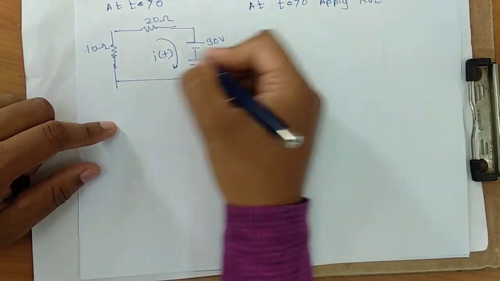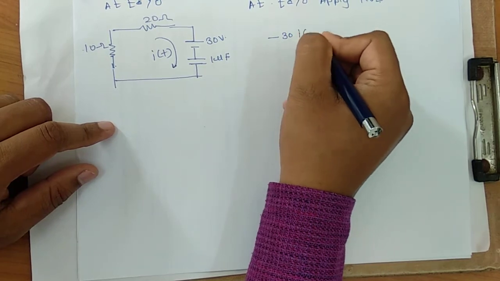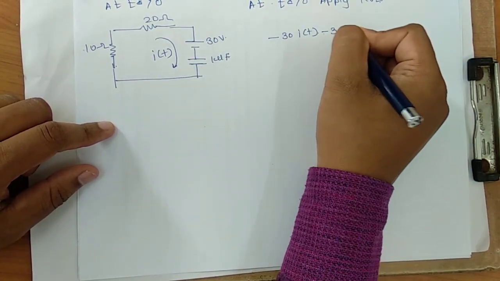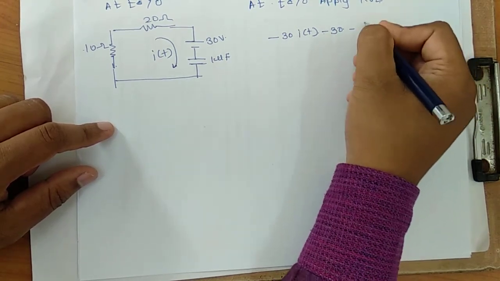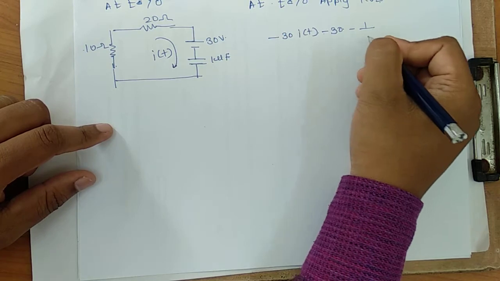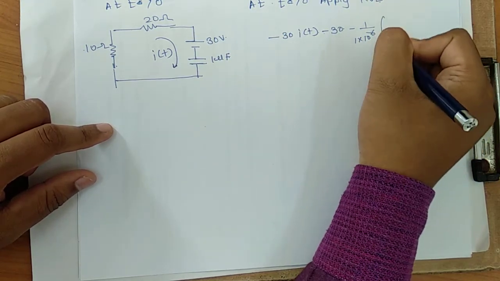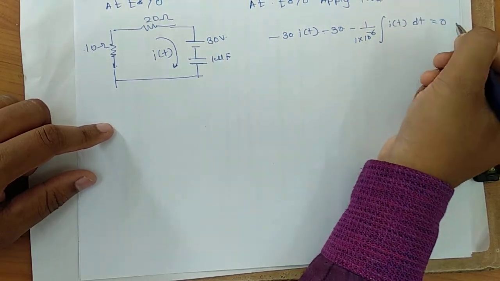So minus 30, then I of t, then minus 30, then 1 microfarad means 1 upon C, that is 1 into 10 raised to minus 6, integral of I of t dt is equal to 0.